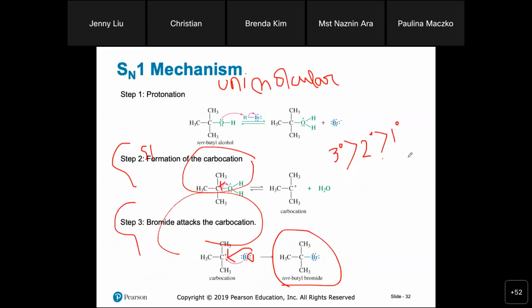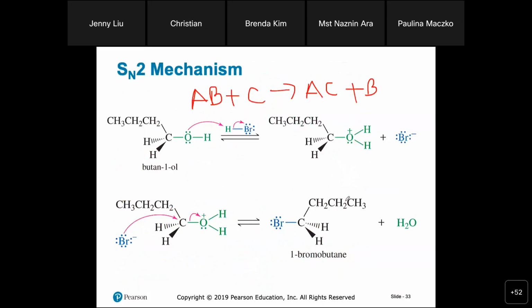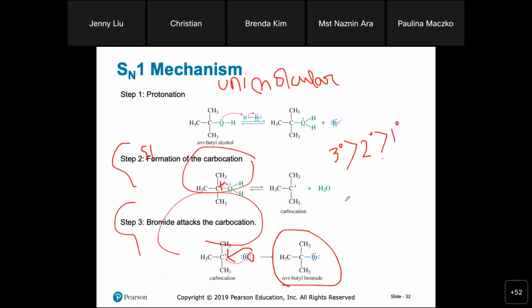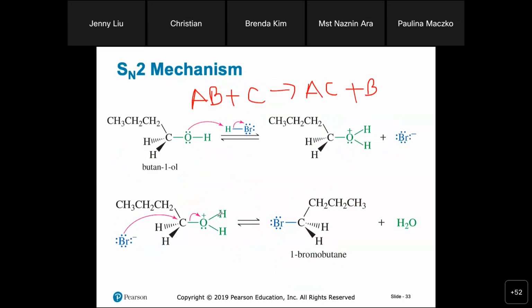What we saw in the mechanism here is the first step, protonation to make a good leaving group, second step, formation of carbocation, and third step, attack on the carbocation by bromide, the nucleophile. And finally, the alkyl halide, in this particular case tert-butyl bromide, will be our product.